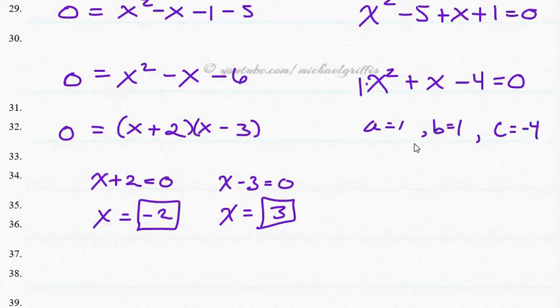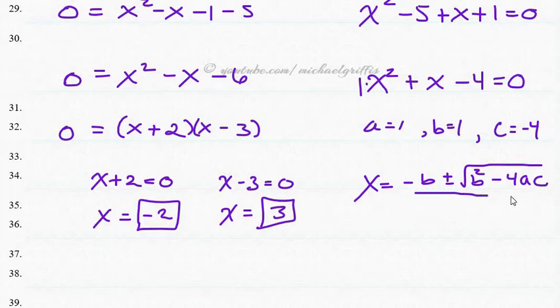So we got x is equal to negative b plus or minus the square root of b squared minus 4ac, over 2a.